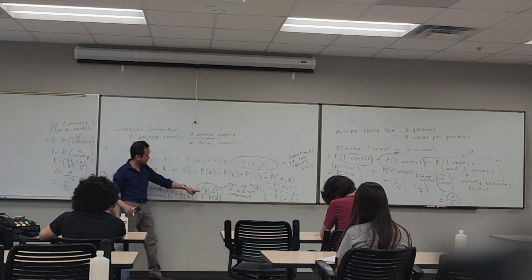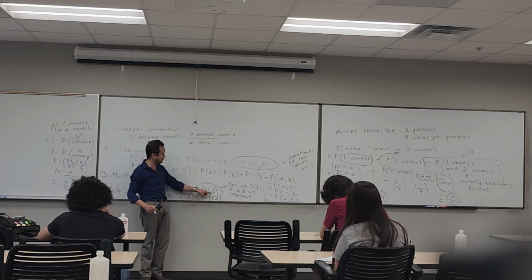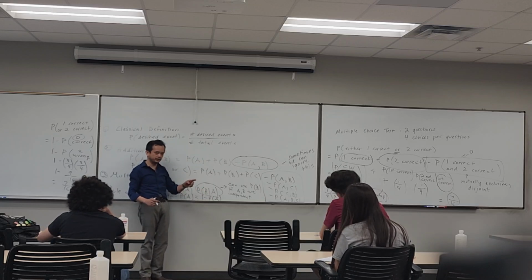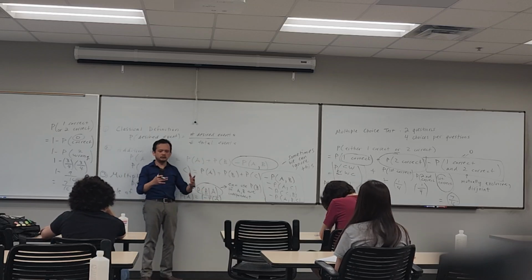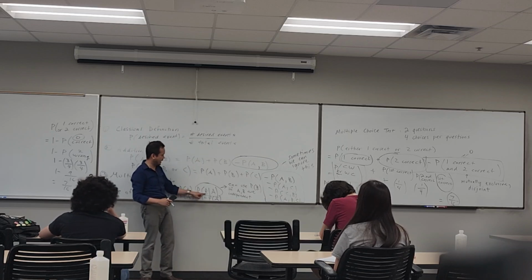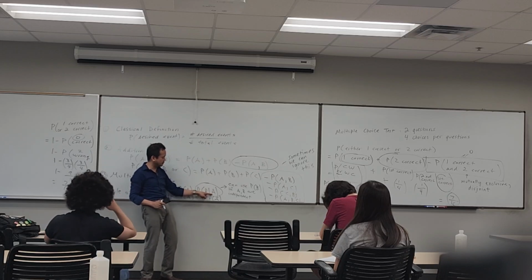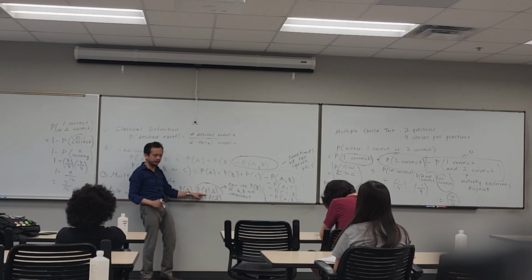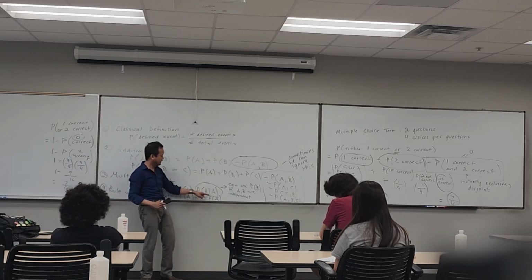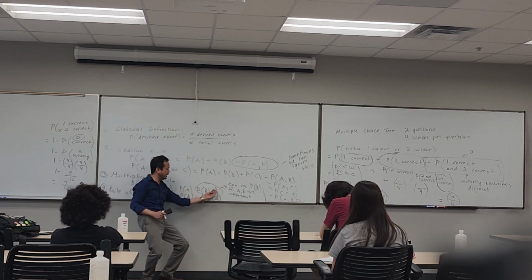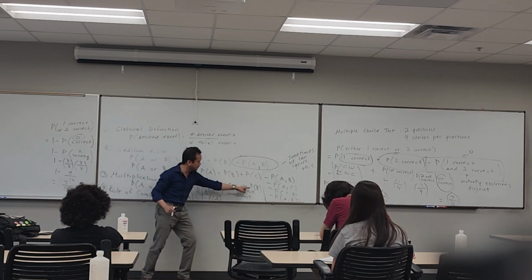So if these two events in the conditional probability are independent from each other, that means that if one happens, it doesn't change the likelihood of the second one happening, then we can ignore the second event in the conditional probability. So if these are independent, then we can ignore A and just use the probability of B.